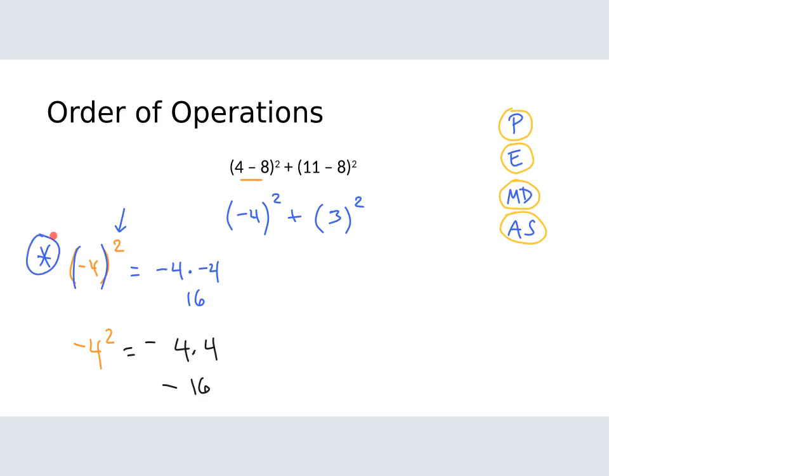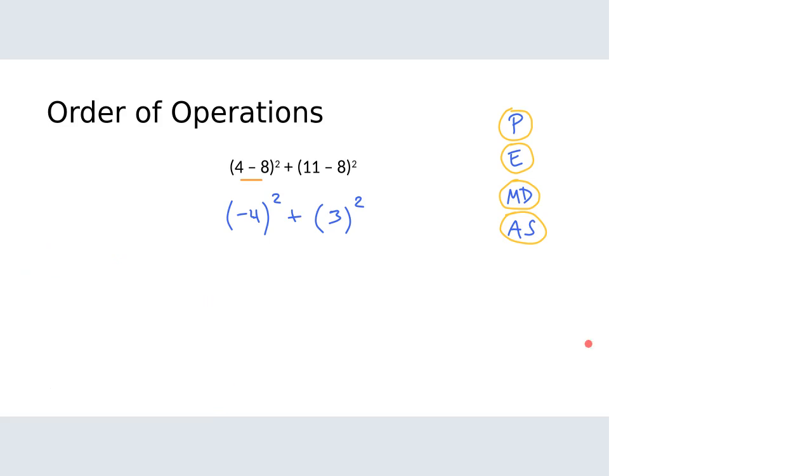We're going to keep those parentheses around our number because we want to square everything that's inside those parentheses. And so negative 4 times negative 4 results in a positive 16. Slightly different from what we would see down here, and this is the type that we are going to be concerned with in what we're going to study today.